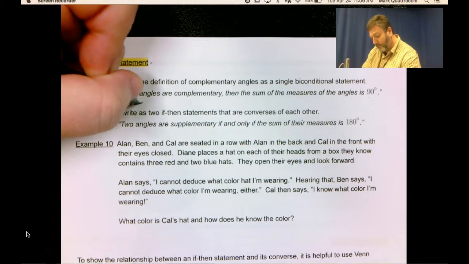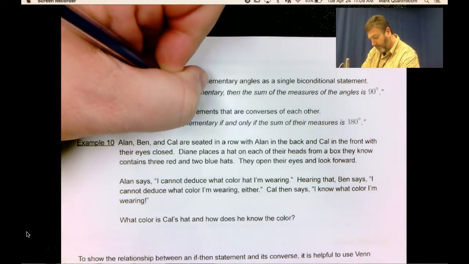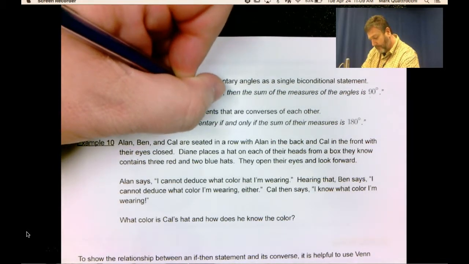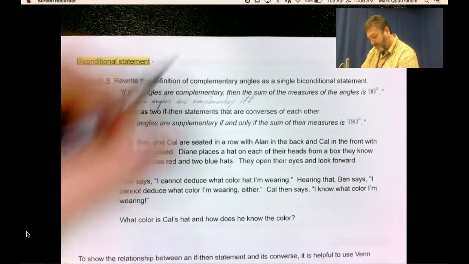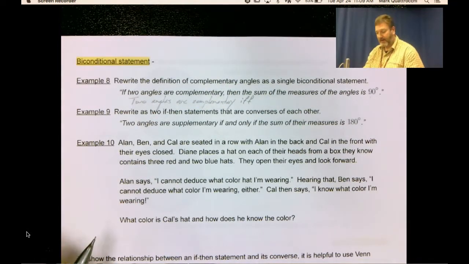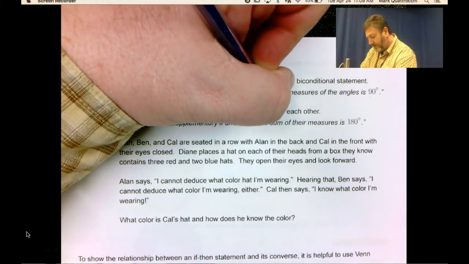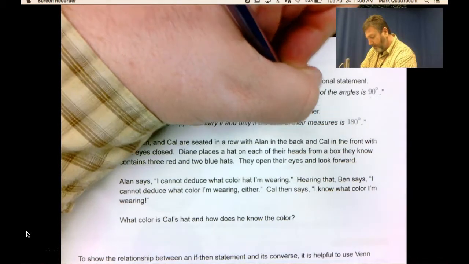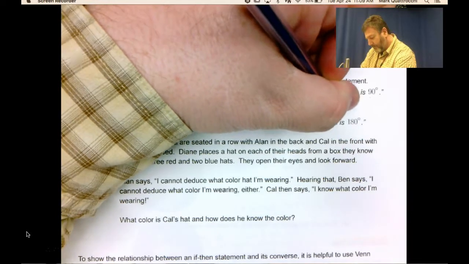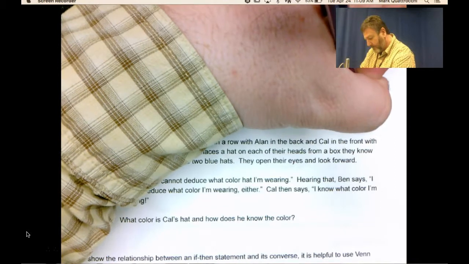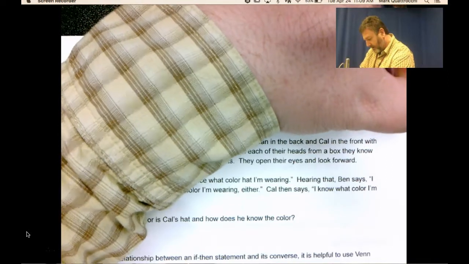So two angles are complementary if and only if, and that's an abbreviation, IFF, for if and only if, the sum of the measures of the angles is 90 degrees.